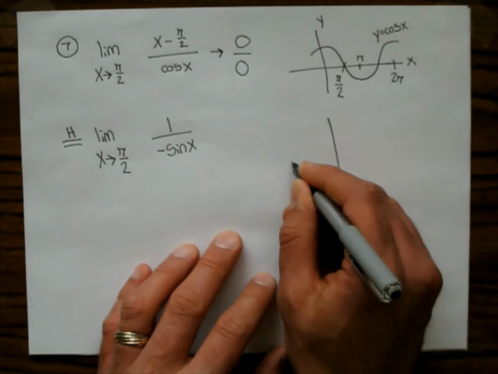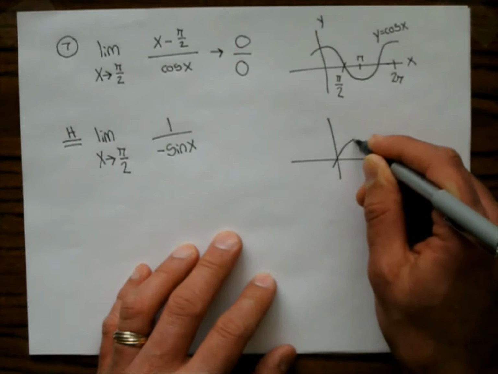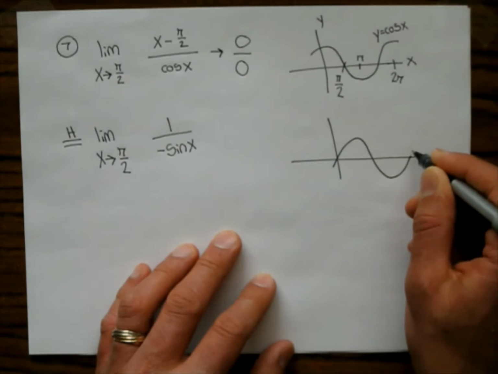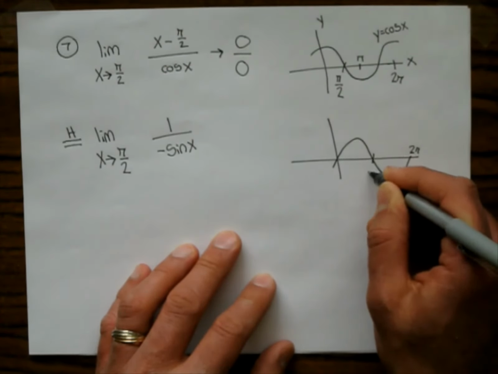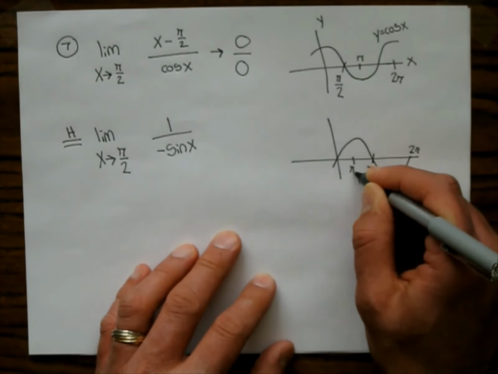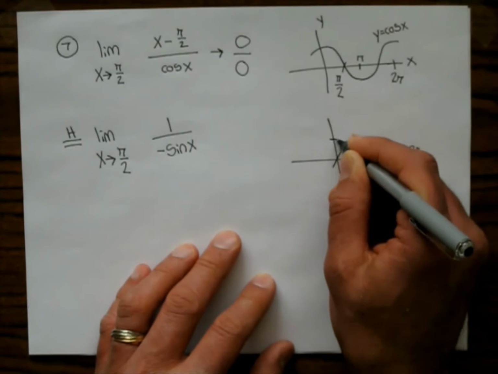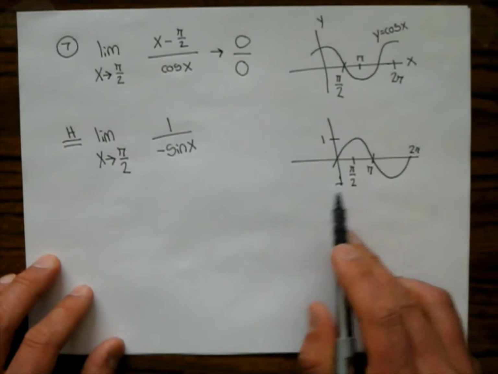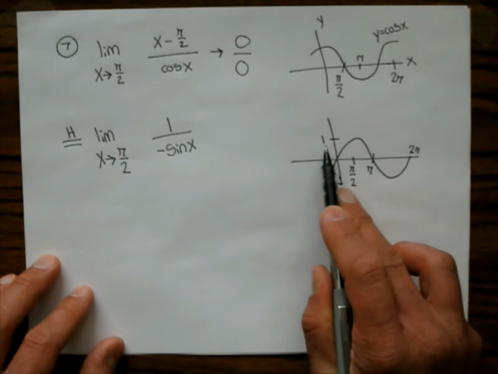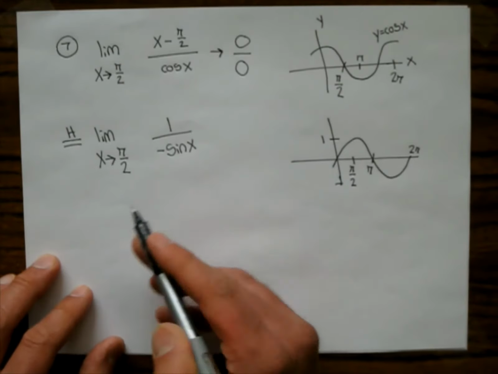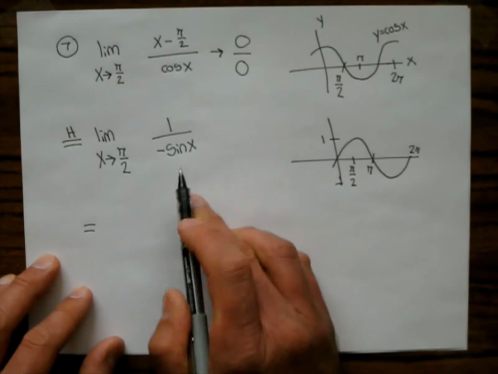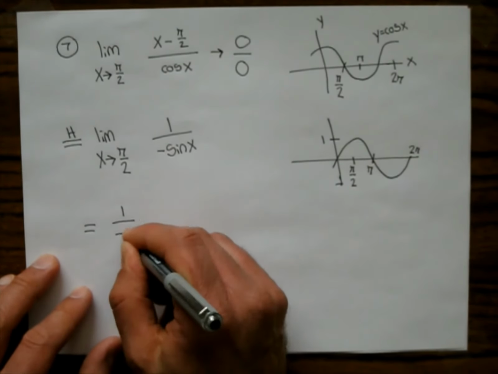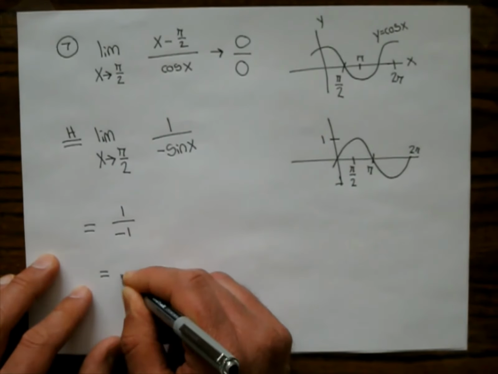Now, sine looks like this. So here is 2 pi, here is pi, right here is pi halves. And I didn't draw this on the other graph, but the amplitude of these regular graphs happens to be 1. So the sine of pi halves is 1. You have that negative in front of there, so we're going to have 1 over negative 1, which is negative 1.